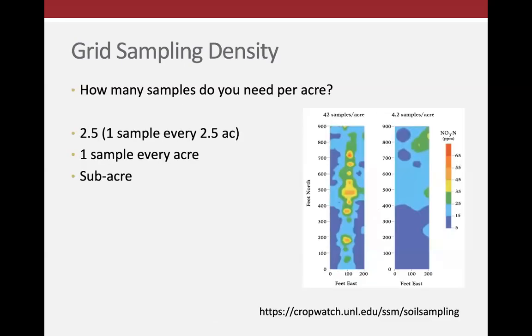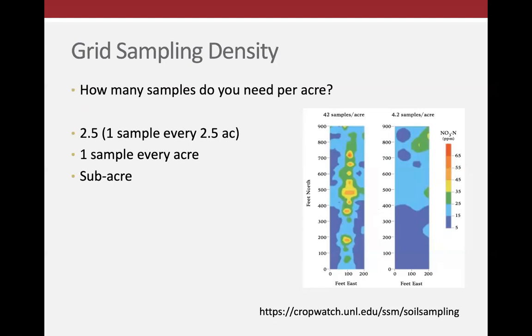So how many samples do you need per acre? I get this question all the time. There's, again, no right or wrong answer to this in many ways. Very common is what we would call a 2.5 acre grid sample. What that means is there's one composited soil sample for every 2.5 acres.